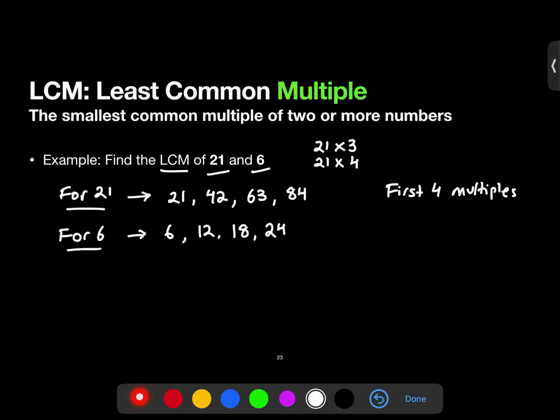So here we have our first 4, but we don't see any in common. So let's continue finding the multiples for 6. So we'll do 6 times 5, 30, 36, 42, next one.